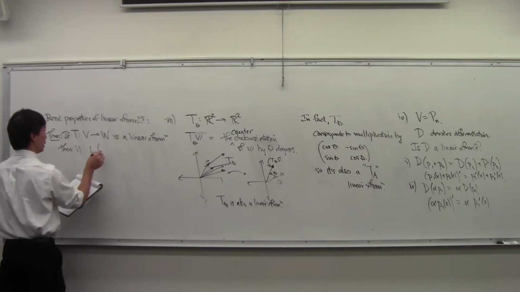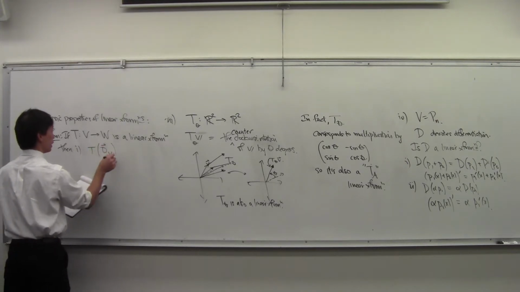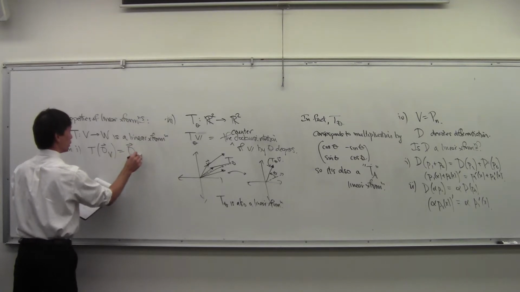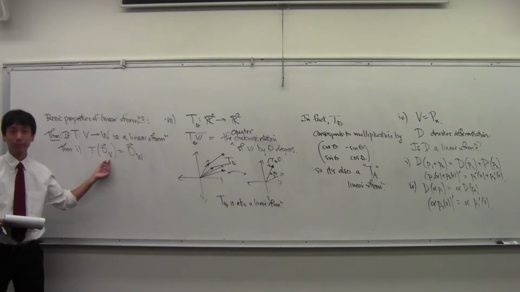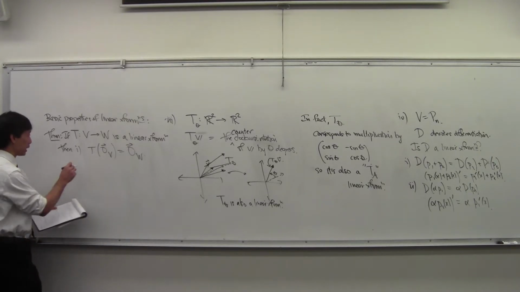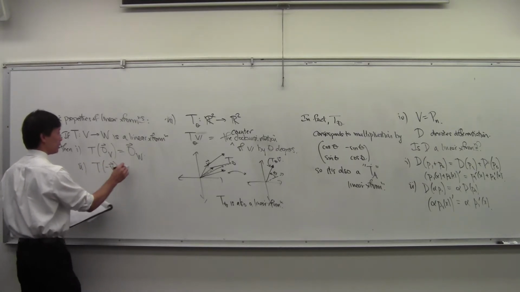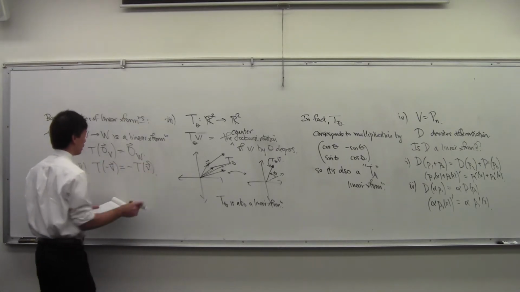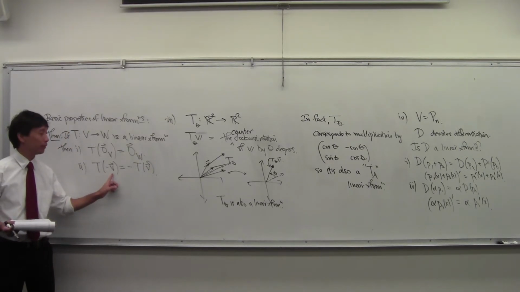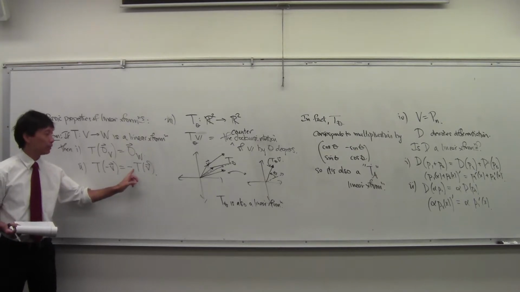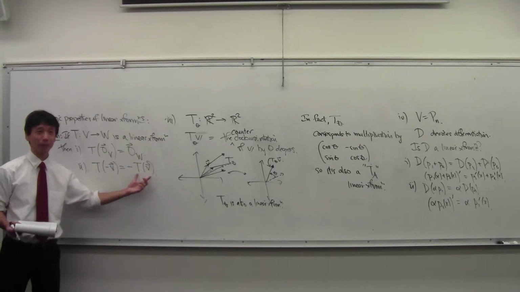First off, T of the zero vector in V turns into the zero vector in W. So the zero vector gets preserved also. Second, T of negative V equals negative T of V. If you take the transformation of the additive inverse, you get the inverse of the transformed vector.